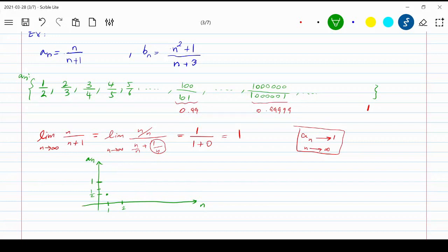Let's say this is 1. And if n is 3, you get 3/4. So these numbers, for n equal to 4, 5, 6, are getting closer and closer to 1. As n is approaching a million, these numbers are getting very close to 1. So what we expect is, as n is approaching infinity, a_n is simply approaching 1. So this is a convergent sequence.